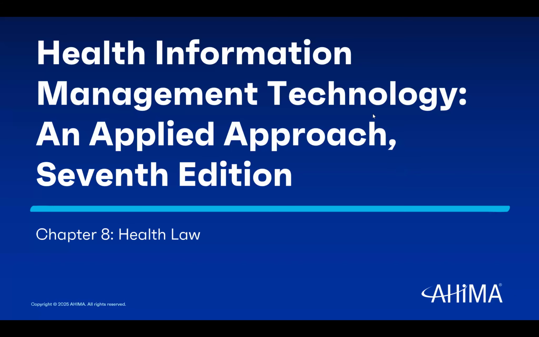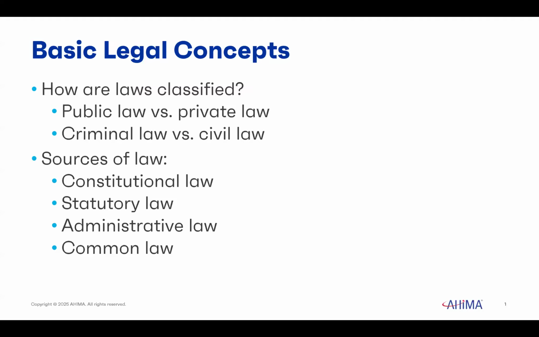We're going to be talking about public versus private, criminal versus civil. So, public law you can think of as criminal law, laws against the state, murder one, things of that nature.